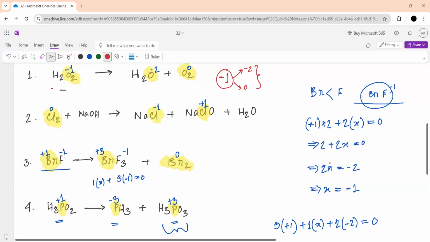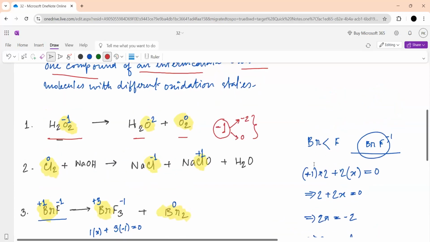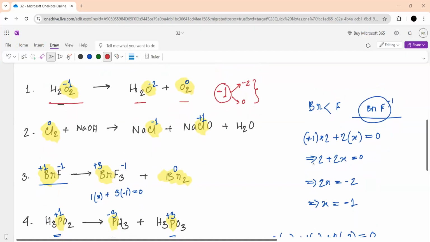So we had a molecule with intermediate oxidation state, and from that we got two molecules with two different oxidation states of that specific atom. Similarly, here we had 0, and from 0 it went to -1 and +1, and 0 lies in between -1 and +1. Similarly, here we had bromine in +1, it went to +3 and to 0.